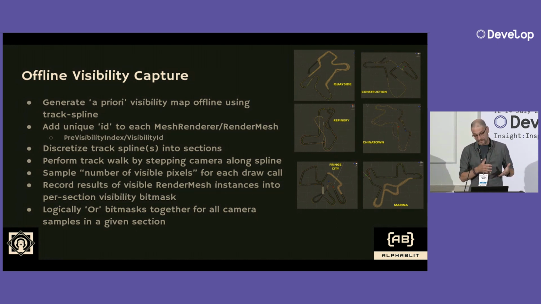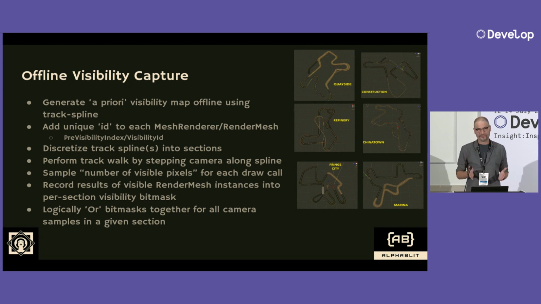We added a unique ID to each mesh renderer in our scene, and converted that into a visibility ID in the ECS world. Then we discretized the track spline into a fixed number of sections. We perform the track walk by following the track spline, stepping along it, and sampling the number of visible pixels for each draw call or each instance. Then we record those results of the render mesh instances into a per-section visibility bit mask.